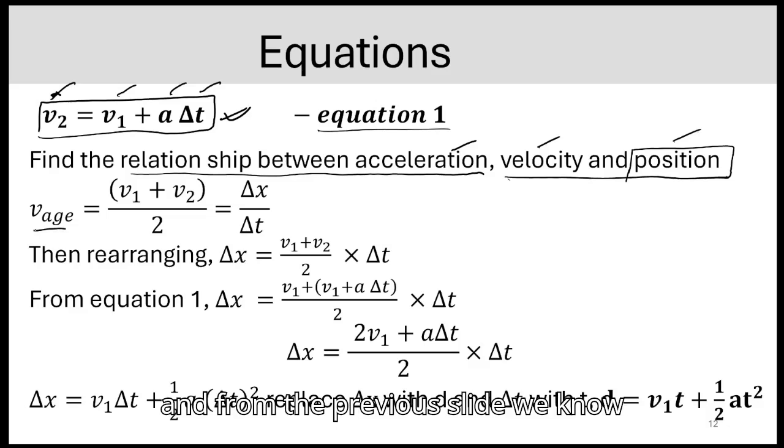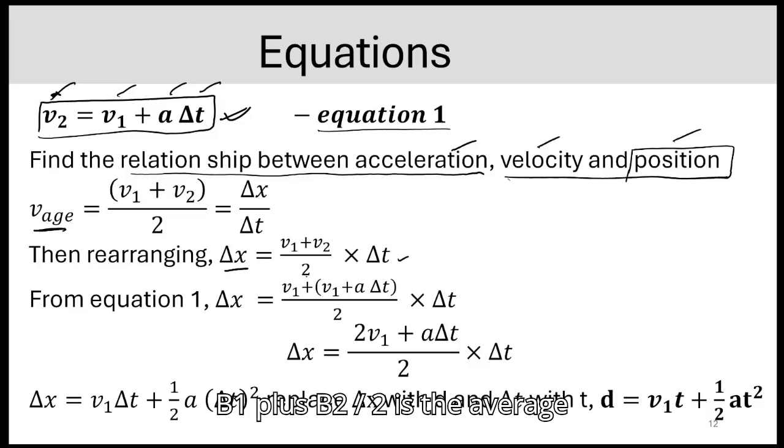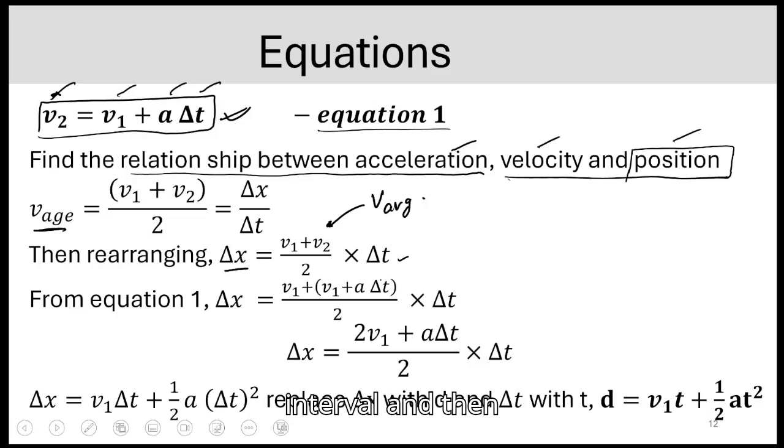From the previous slide we know average velocity is delta x over delta t, and if we rearrange it we can write it as the average velocity times the time interval, where v1 plus v2 over 2 is the average velocity, and delta t is the time interval.